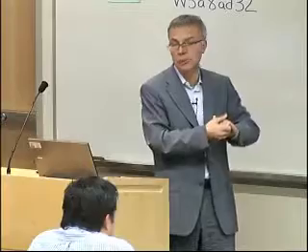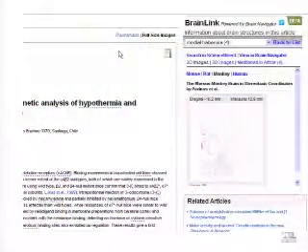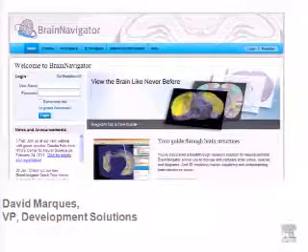One of the products that we are linking is an application called BrainLink, which looks at the content that we have, extracts neurostructures, and then links to the Brain Navigator product that my colleague David Marks is going to present to you now. Thank you.